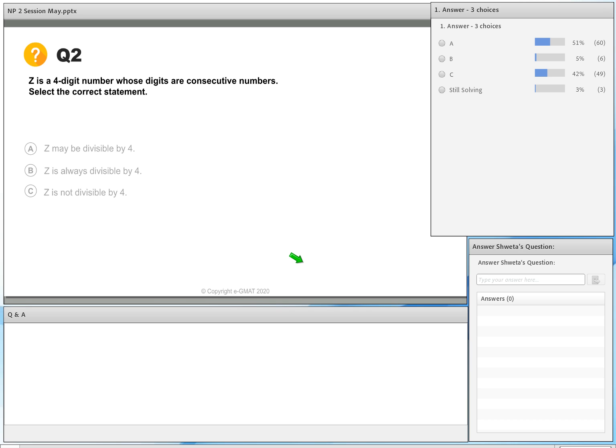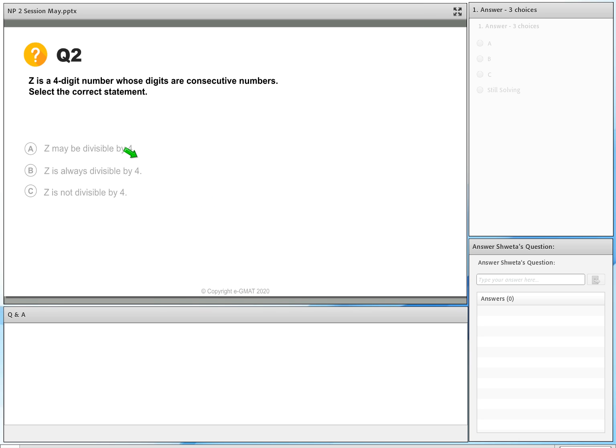So that's very good. But then a lot of you went with option C, 42% of you. Now, for a 51% majority, if 42% people mark something else, that's again a huge, huge percentage. That means we are not very sure again about the divisibility rule for 4 as well. Let's see. And also A and C.